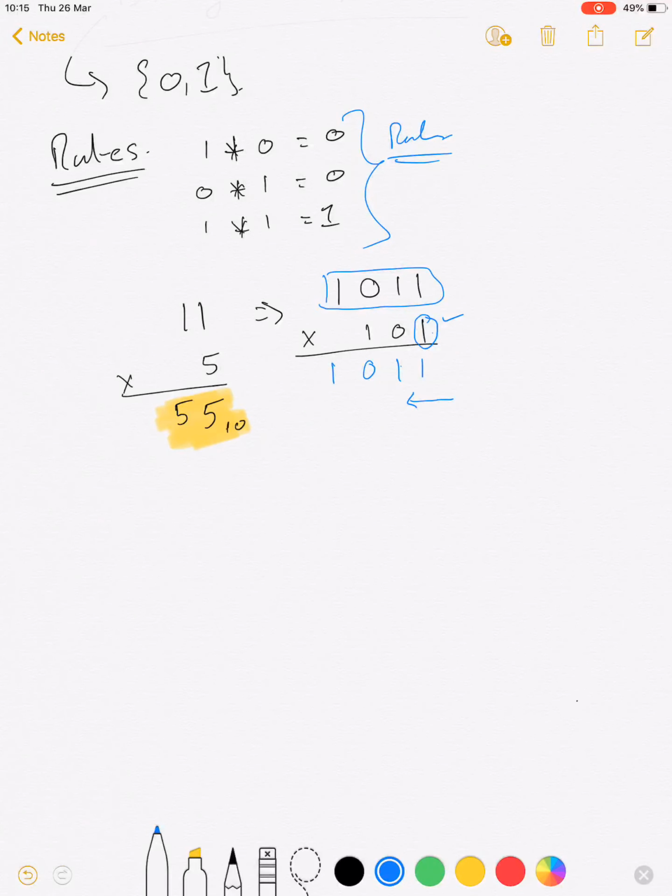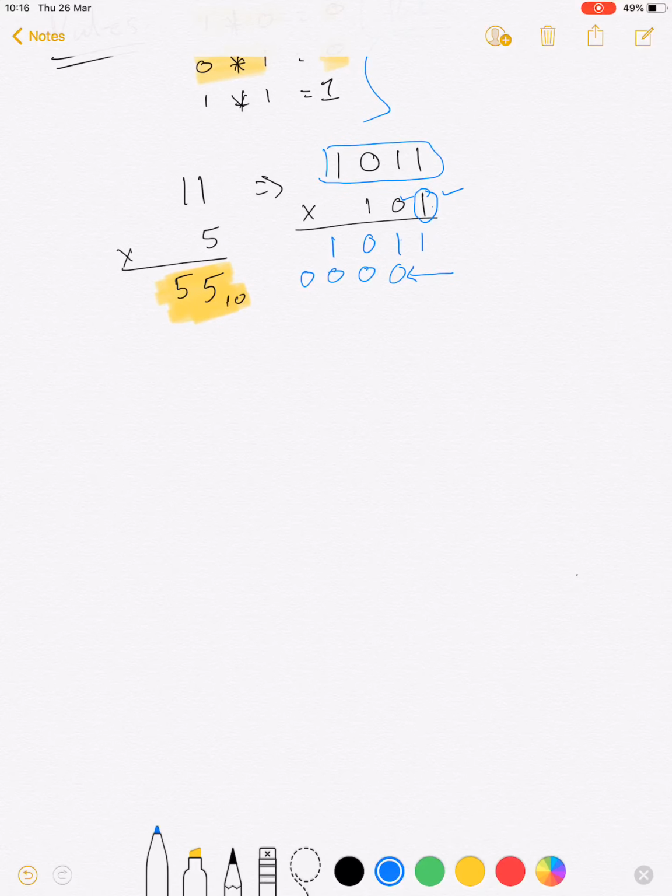As we see in the rules, wherever we have 0 multiplied by something, the answer is simply going to be 0. So 0 multiplied by 1 is a 0, 0 multiplied by 1 is a 0, 0 by 0 is a 0, and 0 by 1 is a 0. Okay, so now that's the second digit done.